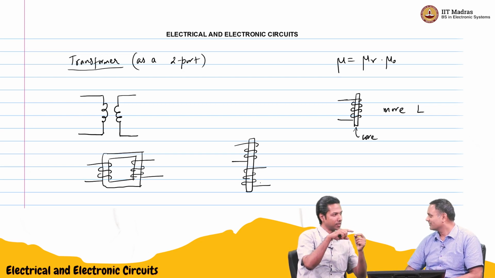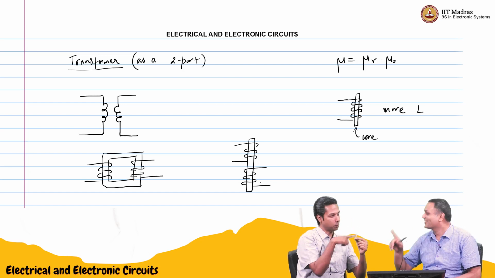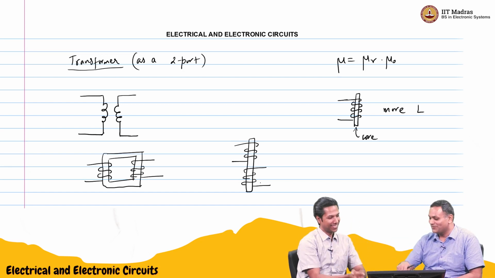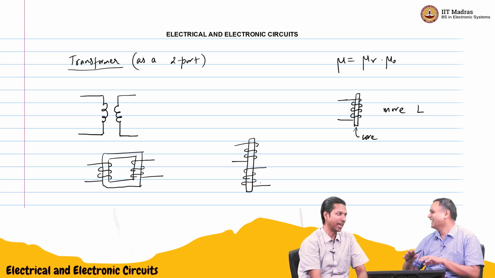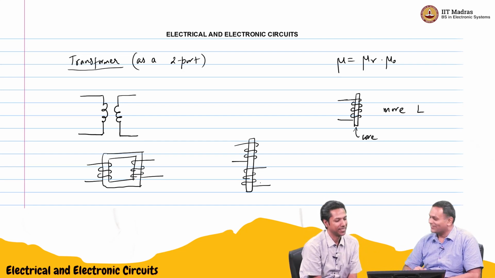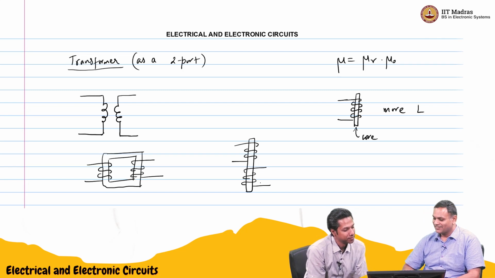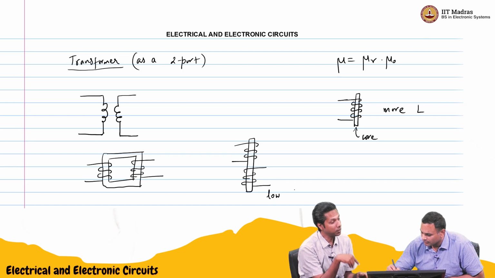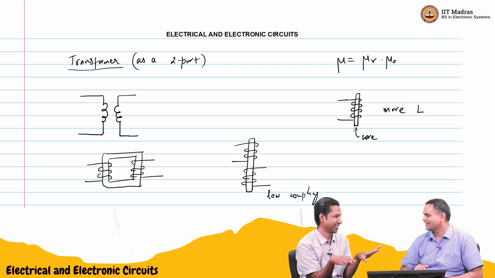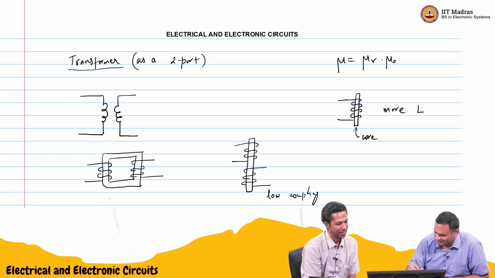I remember the magnetic flux path is like current, a closed path. So this one will couple very weakly, because here half of the flux has to go through air. So this one will have low coupling, but it will be much better compared to having no core.